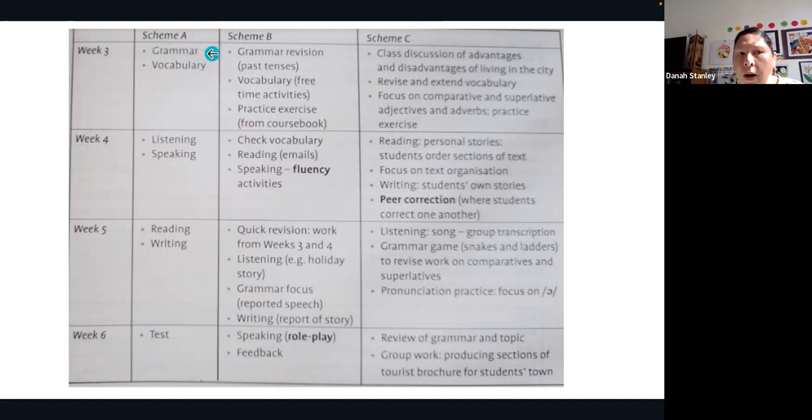So the grammar, 1 class with plenty of practice and production, and the vocabulary with the presentation, the practice, and the production. And in here, I have enough time to introduce this.